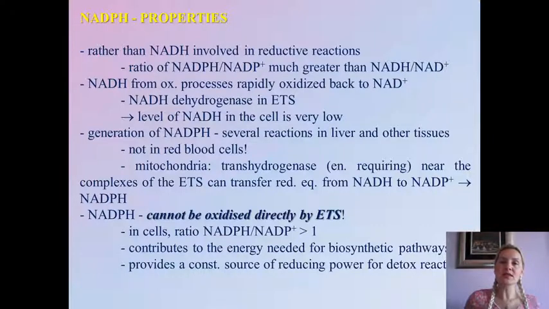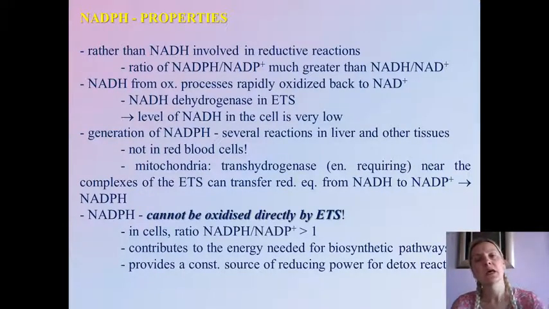On the other side, reduced NADPH can be produced not only by hexose monophosphate pathway, but in liver and some other tissues there are some other metabolic pathways which are capable of formation of NADPH, of course, but the red blood cells, erythrocytes, are exclusive for hexose monophosphate pathway. Also, the third option for NADPH to be synthesized is in mitochondria.